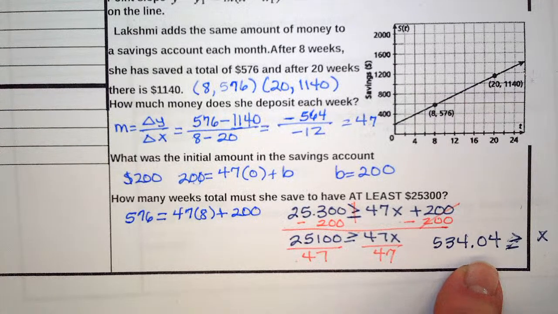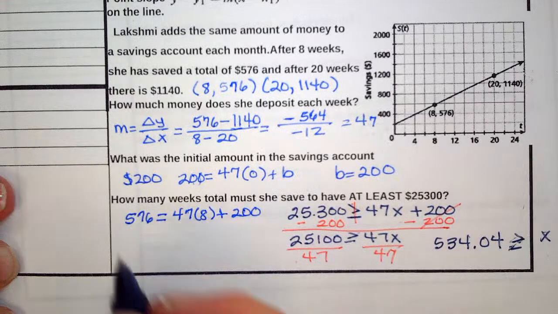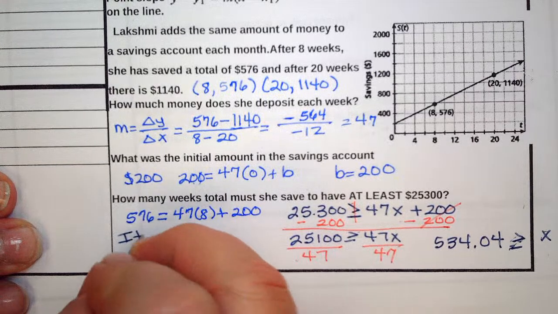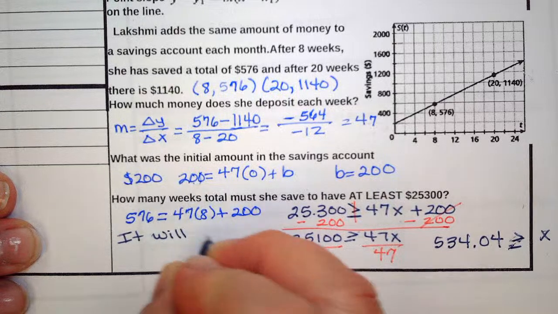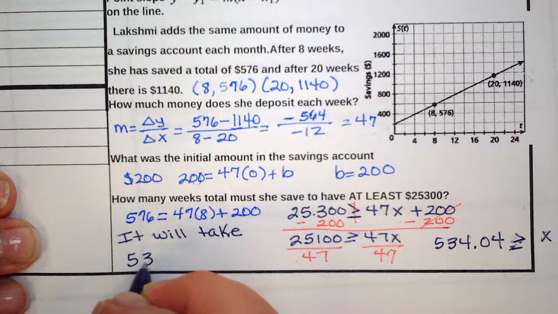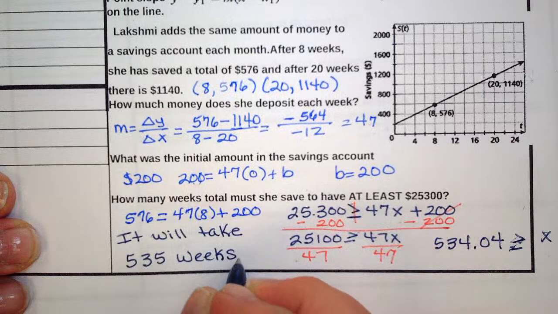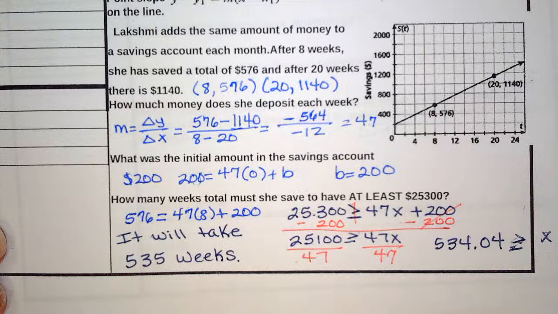Can I do 4/100 of a week? No. I actually have to round up because she will not have $25,300 until the end of the 535th week. Because that is not counting any interest you might gain.